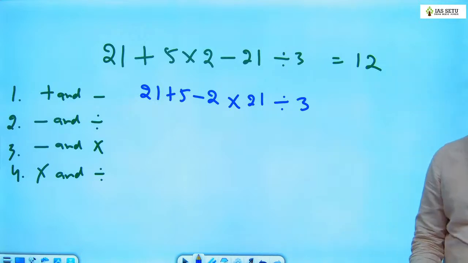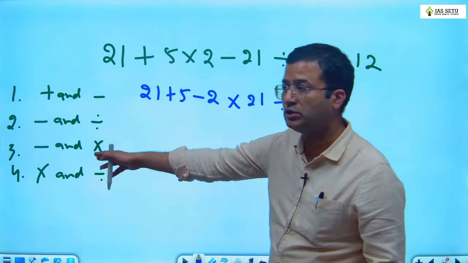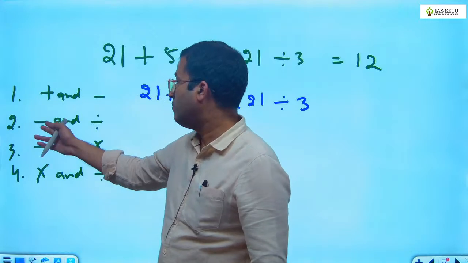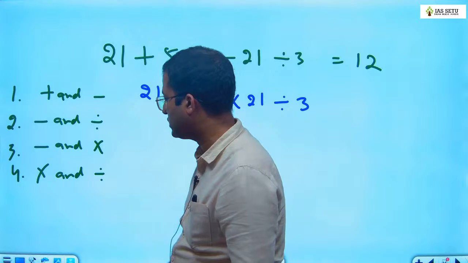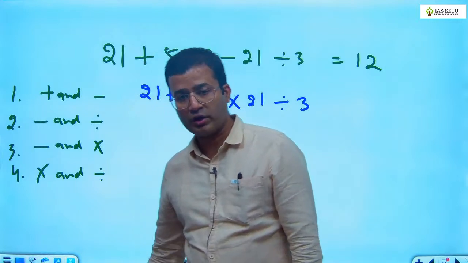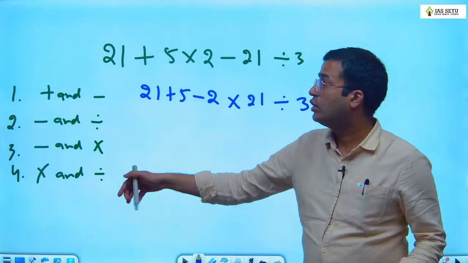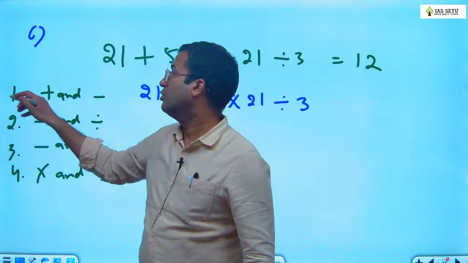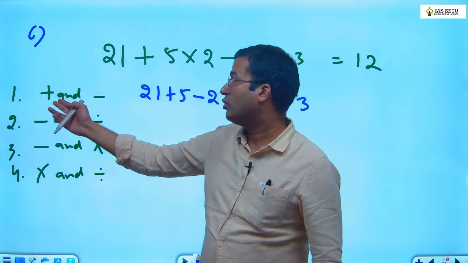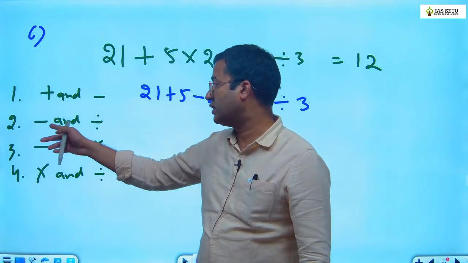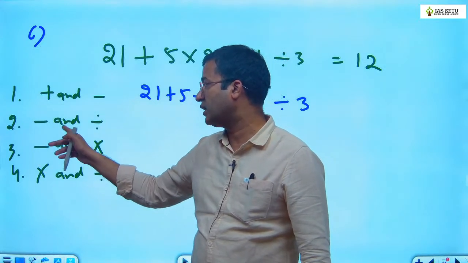as per BODMAS rule, to make a correction in question number 6, minus and division, minus and multiplication. Okay, just make the correction, all of you. Question number 6, for answer options 1, 2, 3, plus and minus. Here this is minus.